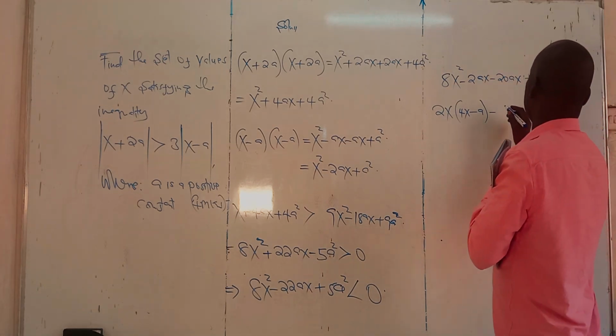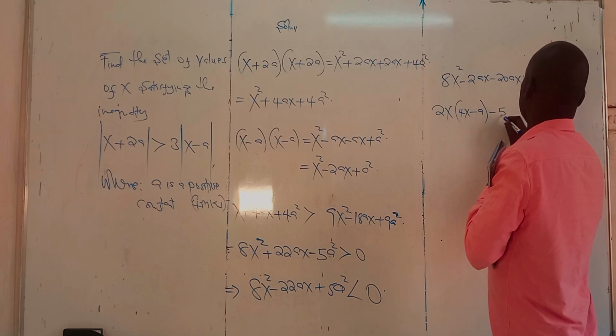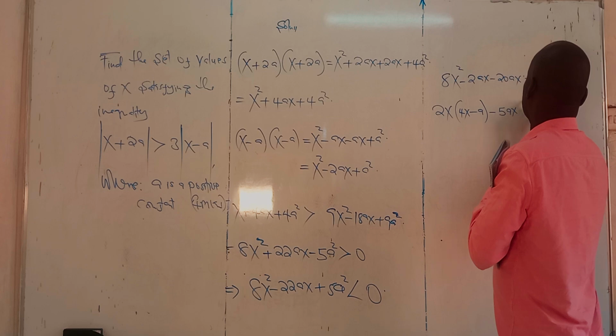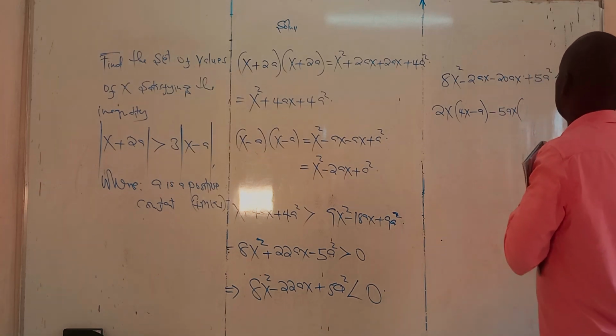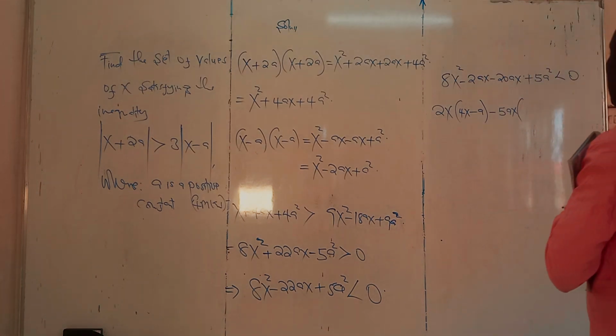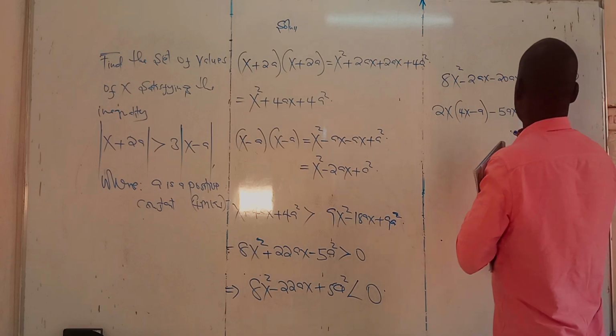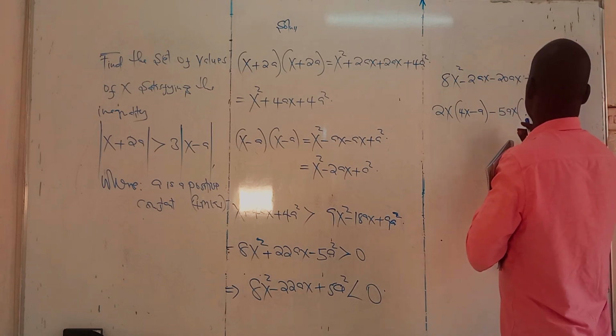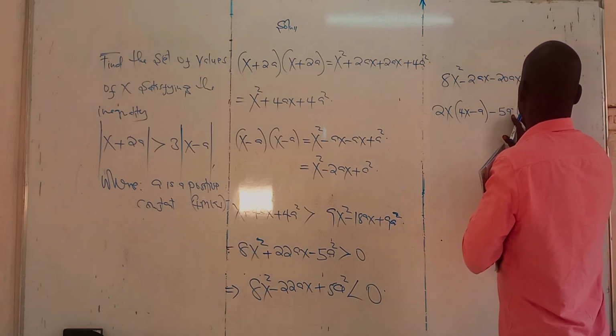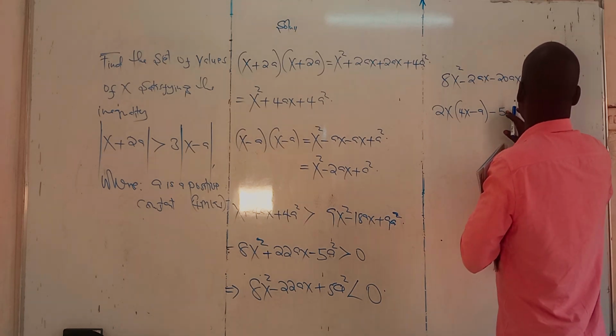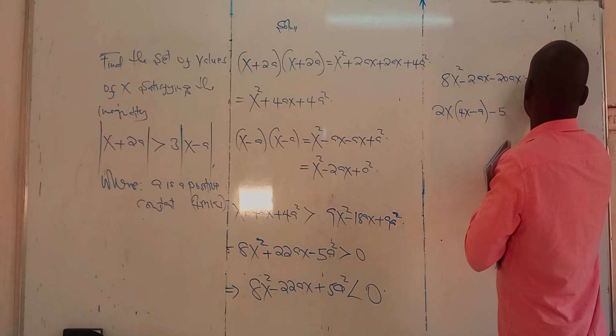I'll be having 5ax, can factorize, no, let me factorize 5a, not 5ax. 5a is common in both.